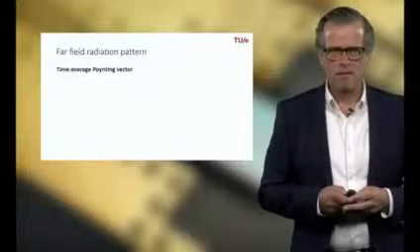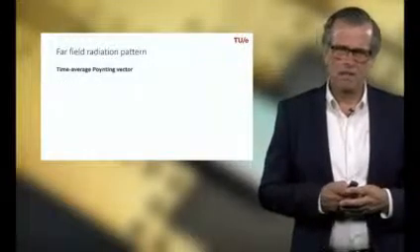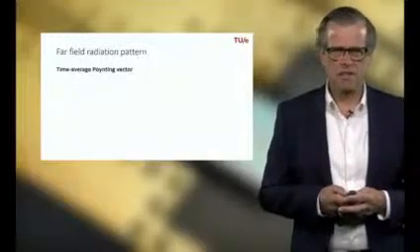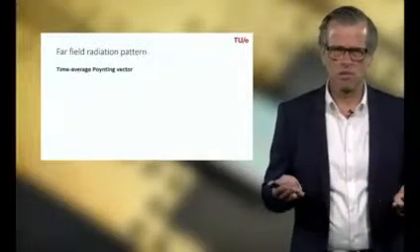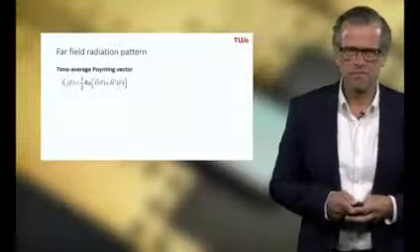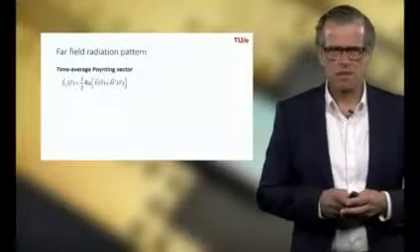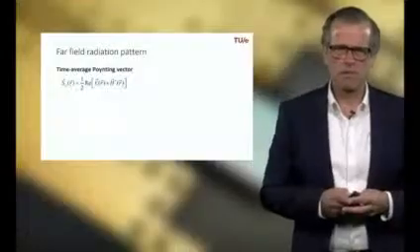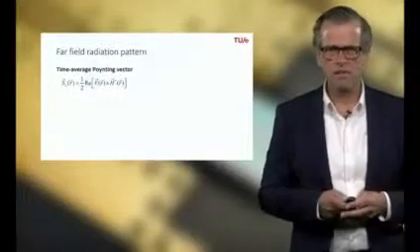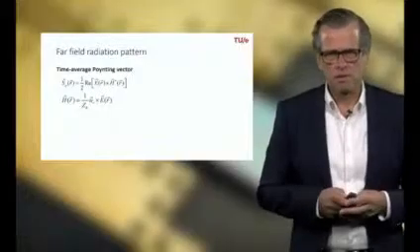So, with that, we can go to the next step and look into the radiation characteristics of an antenna. And the first thing to do there is always to calculate the time average Poynting vector, which was given by this expression. We introduced that before. So we can now substitute the relation between the E and the H field, shown here.